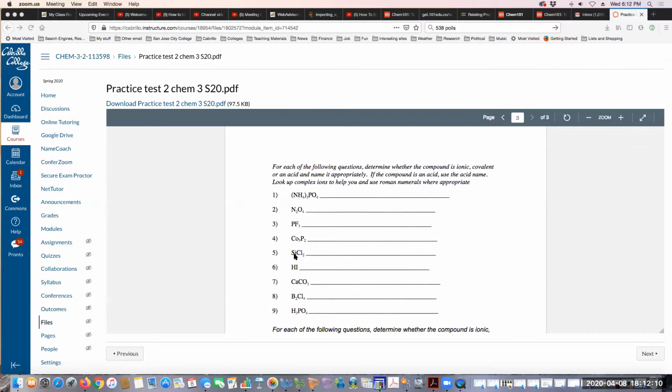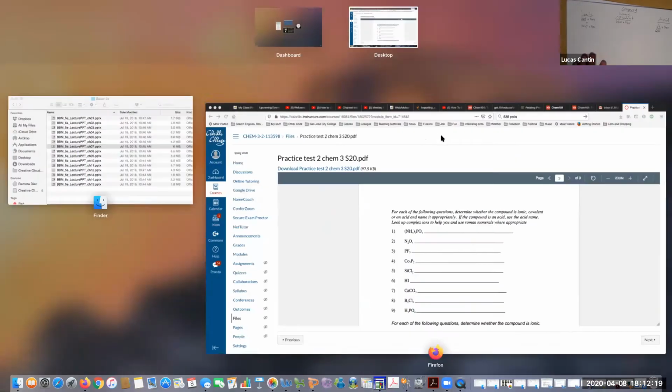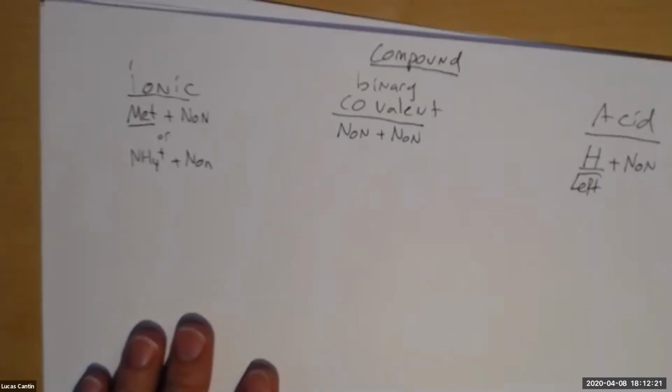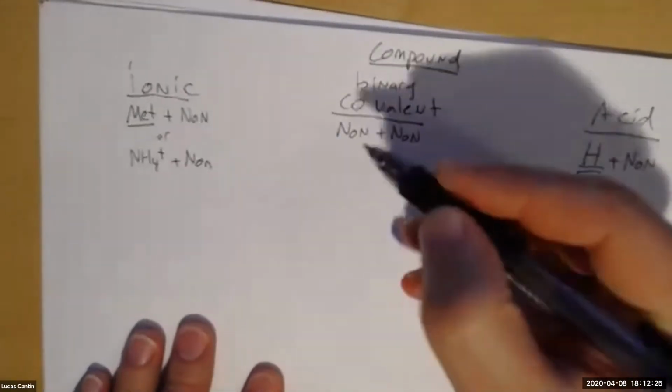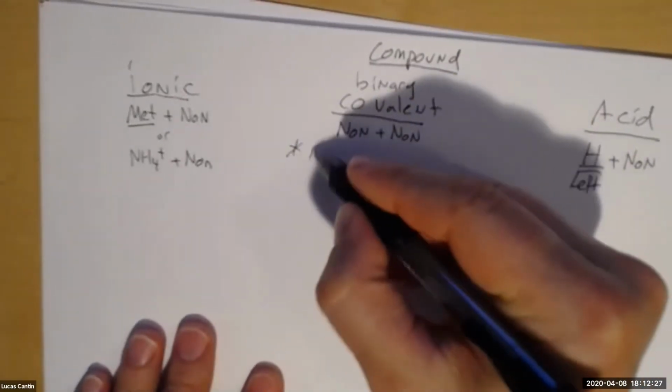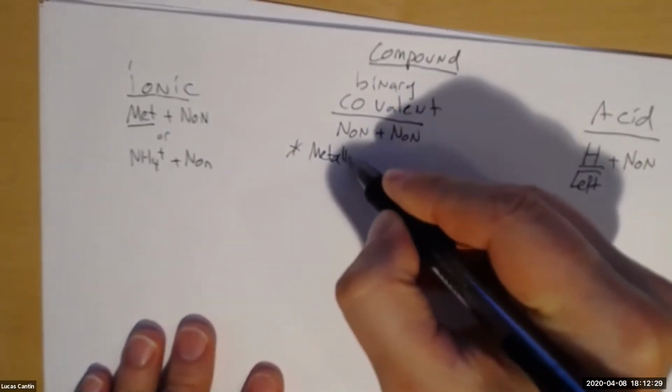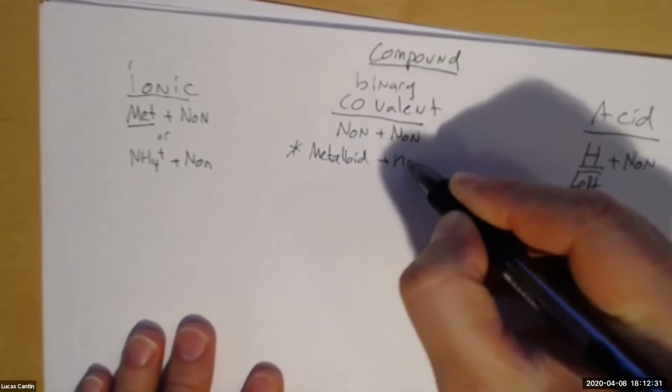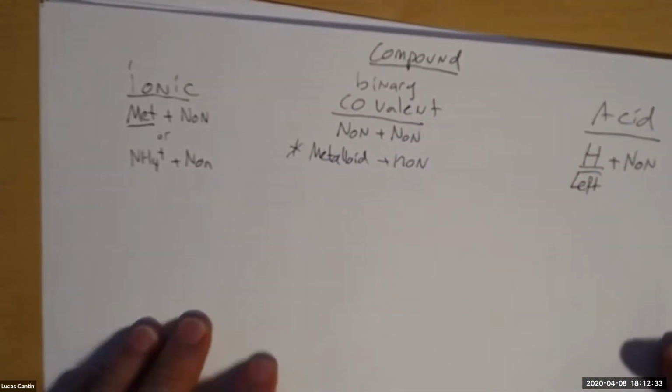5 is covalent. This one's interesting too, because silicon's actually a metalloid. So maybe we should go back to the periodic table. I hope you don't mind if I flip back and forth. Usually a metalloid plus a non-metal would also be binary covalent.